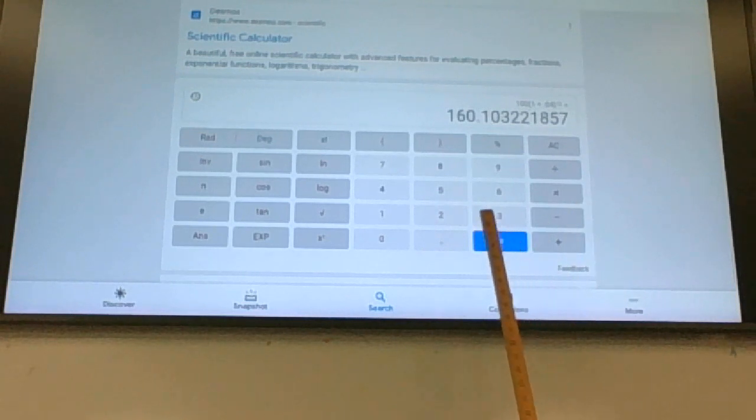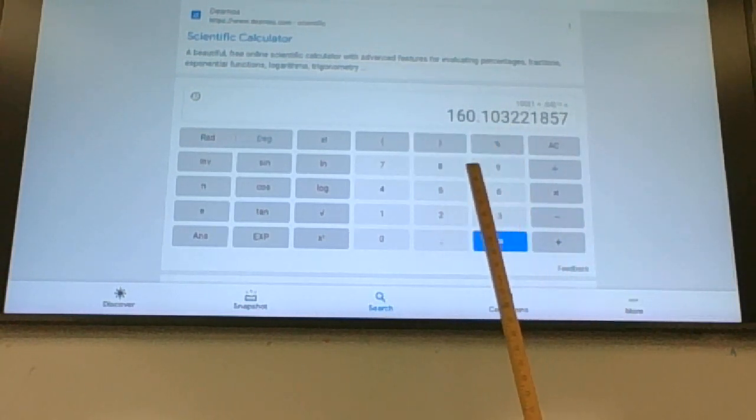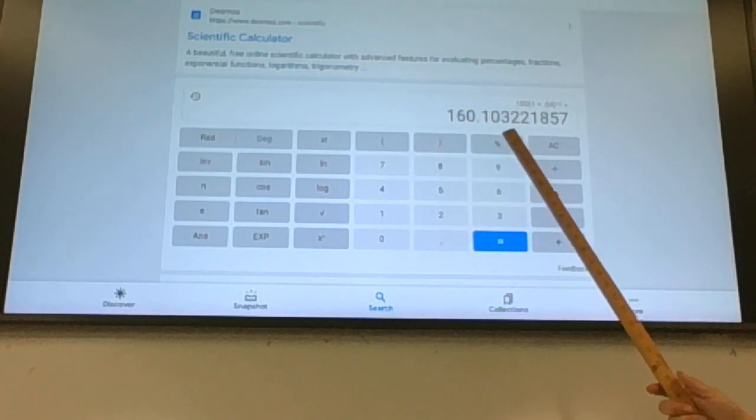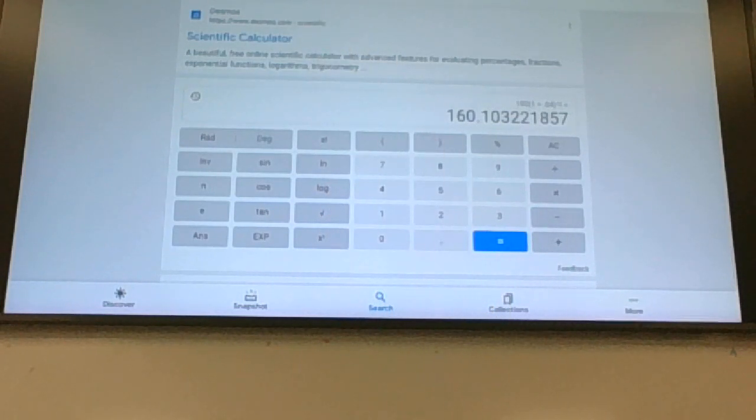Listen to my words. Use the one on Google on the device in front of you. Just type in calculator. The thing is that practicing on your phone buttons isn't as good as practicing on these buttons.